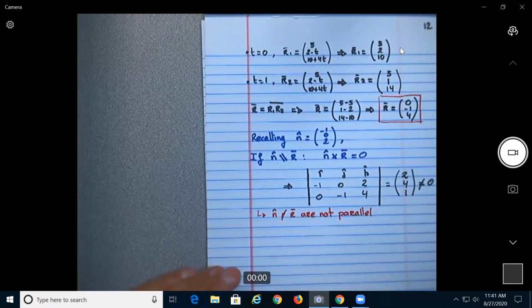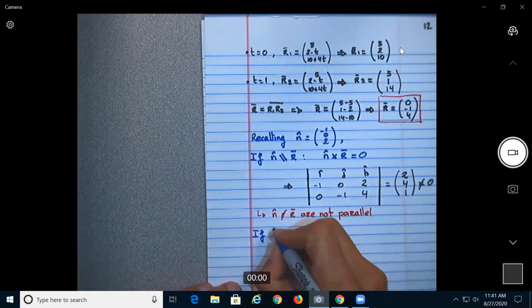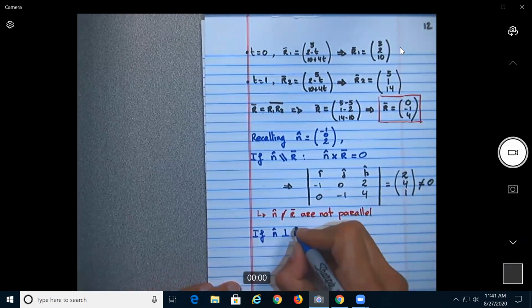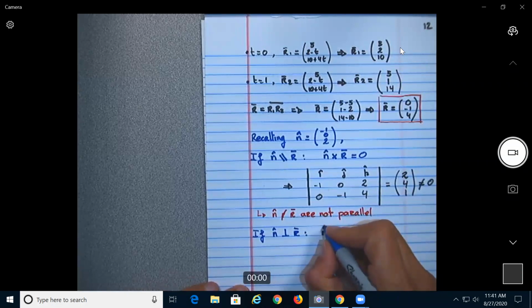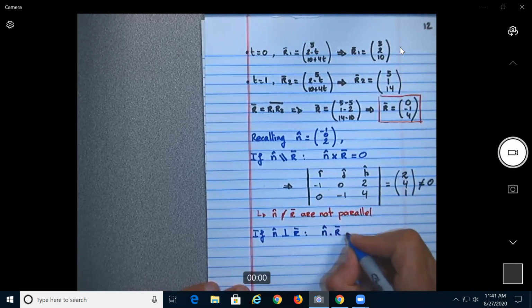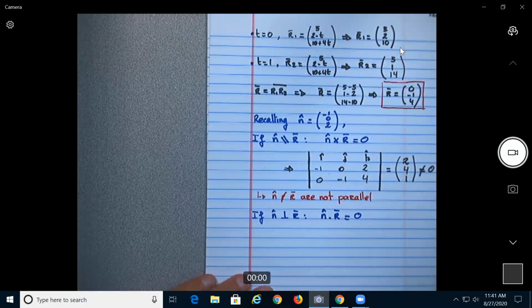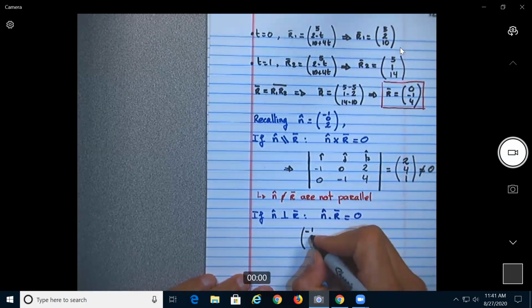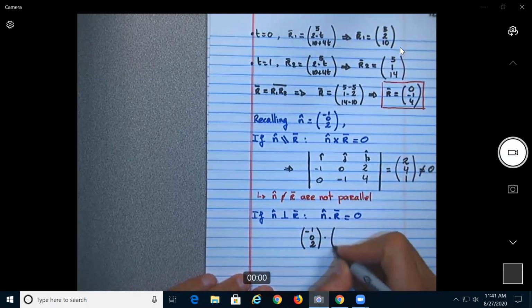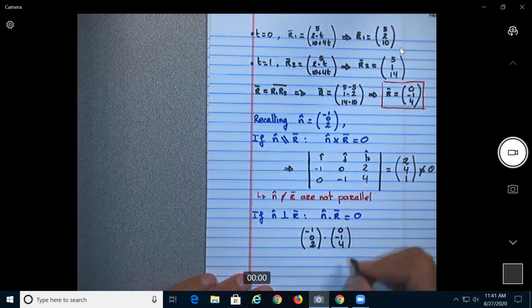Okay, so now the next thing we need to see is if they are perpendicular. If n is perpendicular to R, then this time it will be the dot product: n dot R should be equal to 0. So we do the calculation. n is -1, 0, 2, dot R, which is 0, -1, 4.